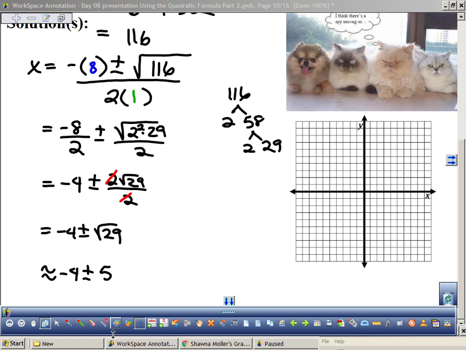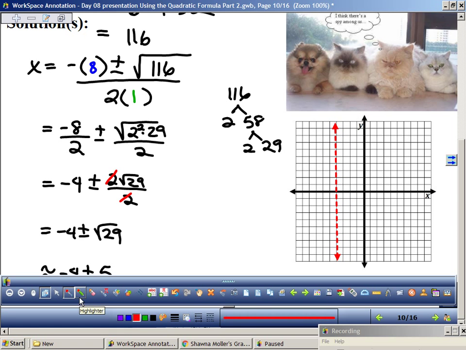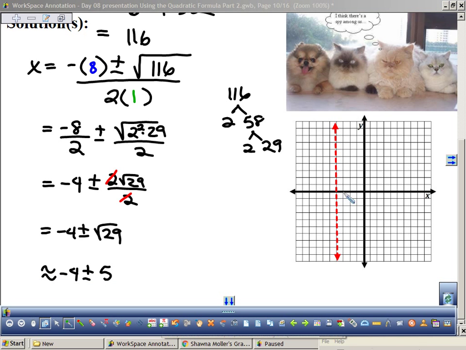So my axis of symmetry is at negative 4. 1, 2, 3, 4. And I'm going about plus or minus 5. 1, 2, 3, 4, 5.